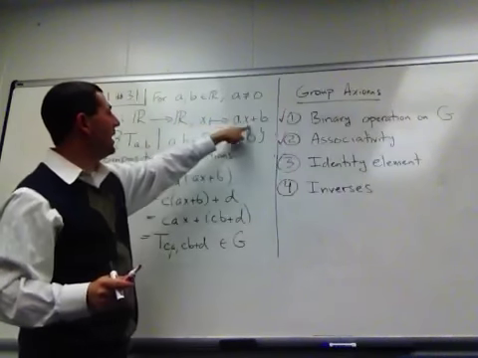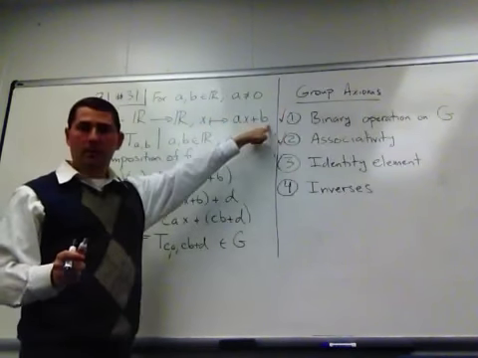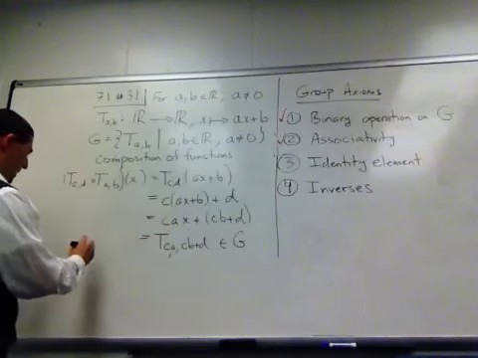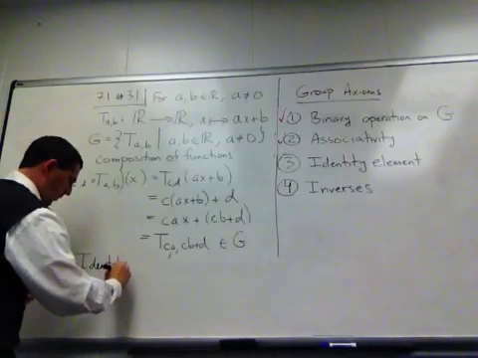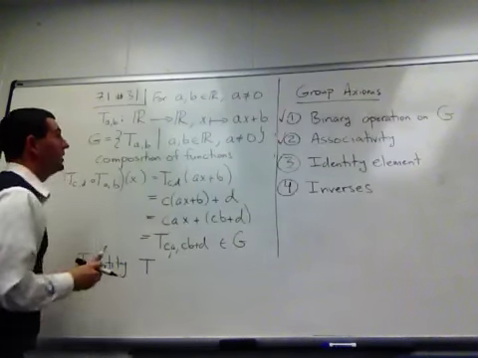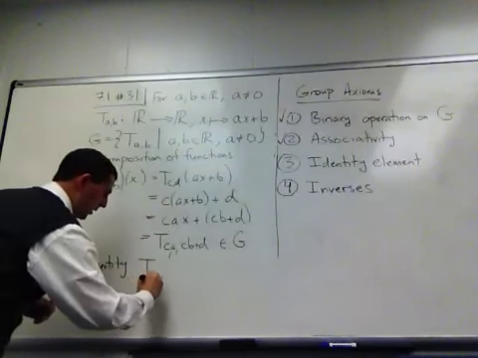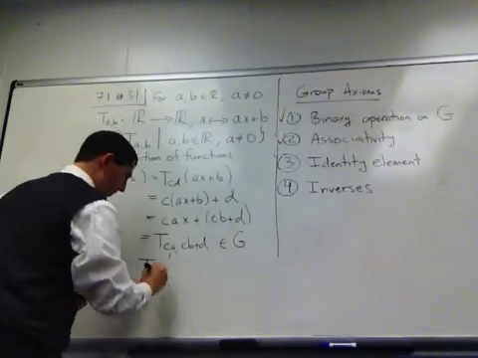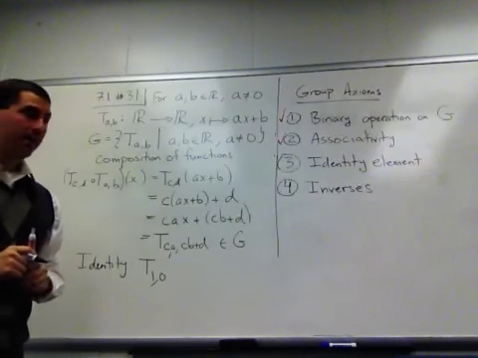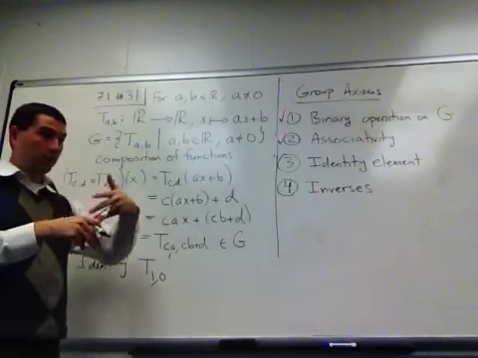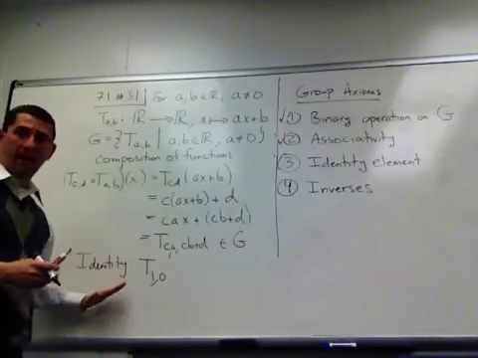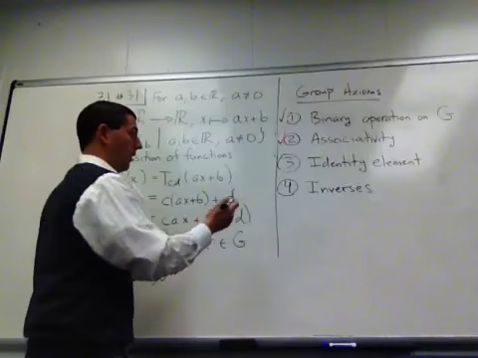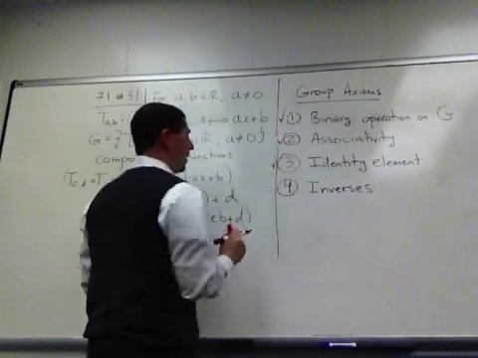To send x to x, a would have to be 1, and b would have to be 0. So our identity is simply going to be t sub 1, 0. Since this is the identity function, when you compose it with any other function it does nothing to it, so we know we have the identity in our potential group.